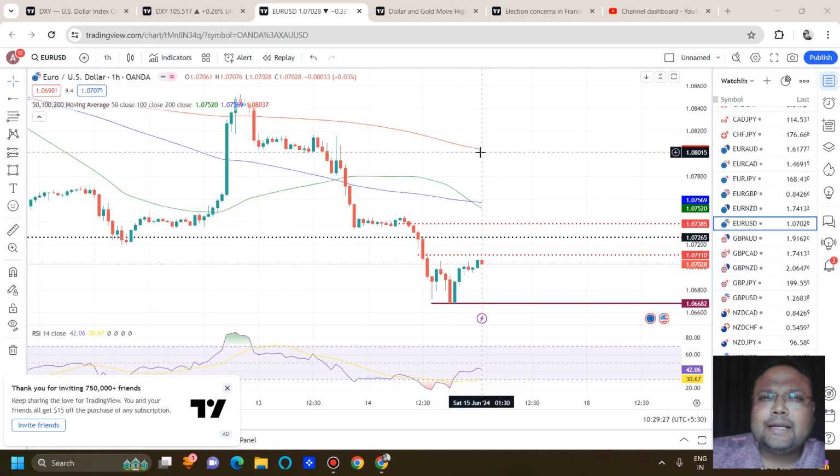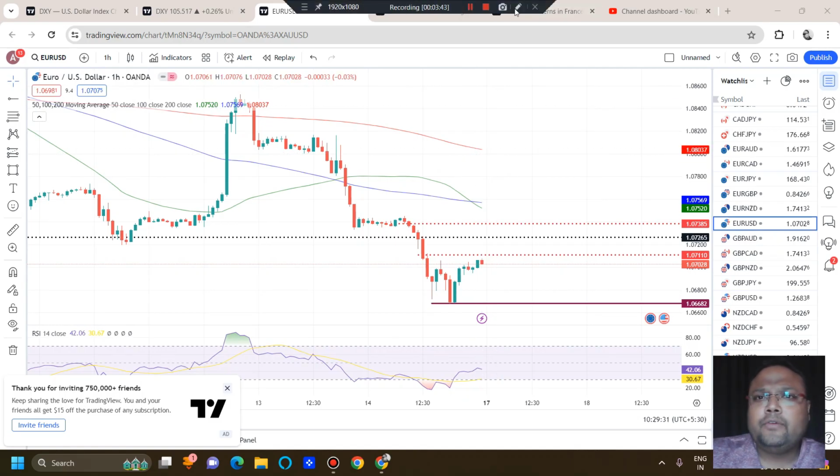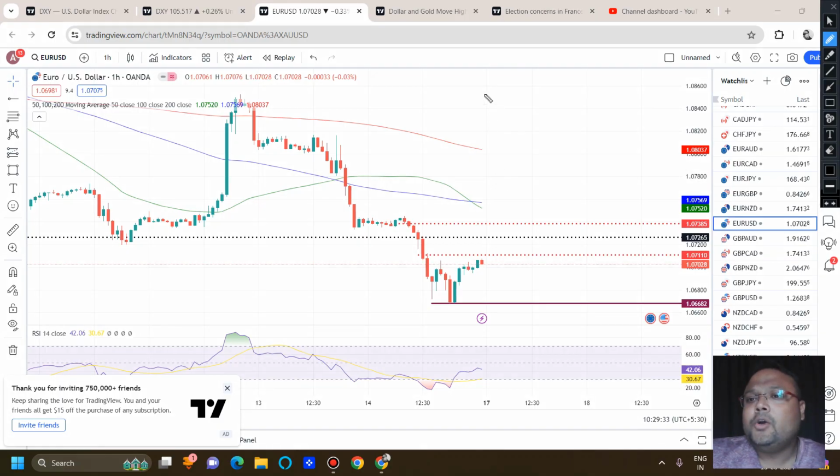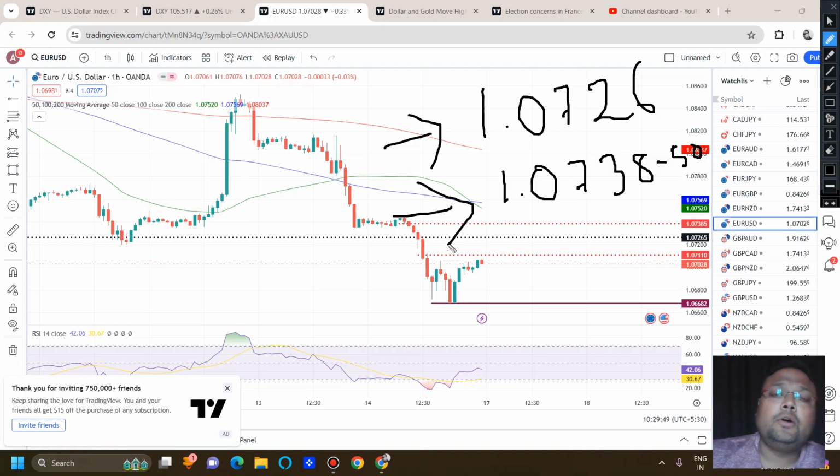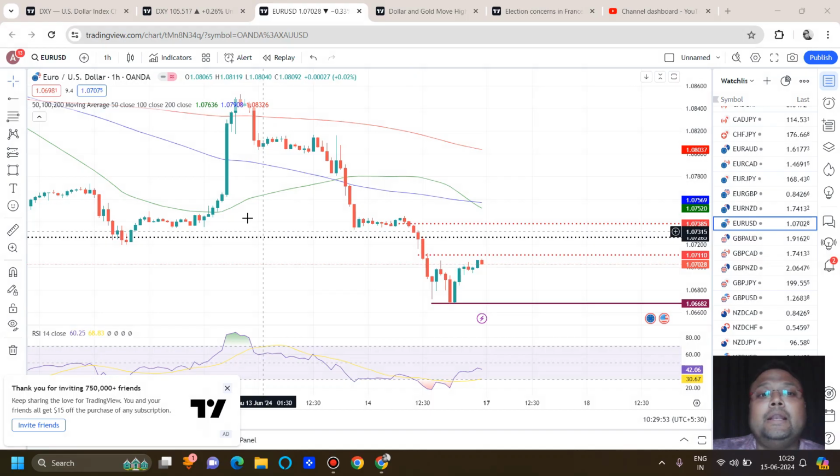If the market acts like a typical normal Monday market, and if you see Euro USD going up, in that case we can look for a sell around 1.0726 and 1.0738 to 50. These are the two levels where we can look for a selling opportunity on the chart of Euro USD if the market shows upside with less volume.